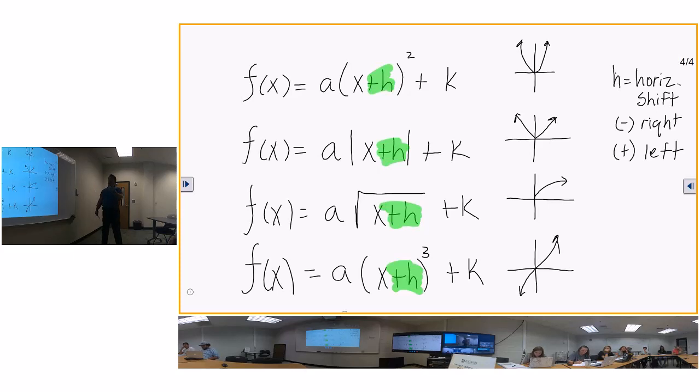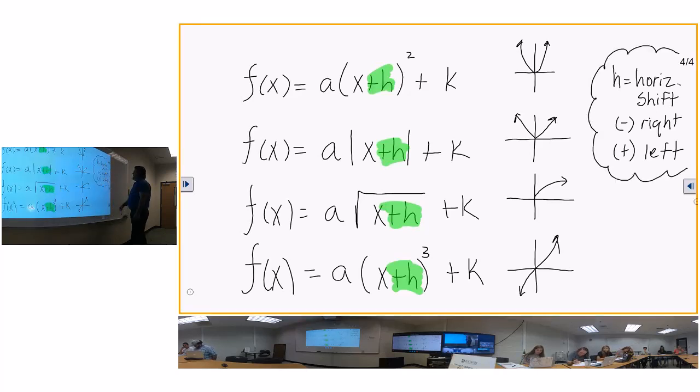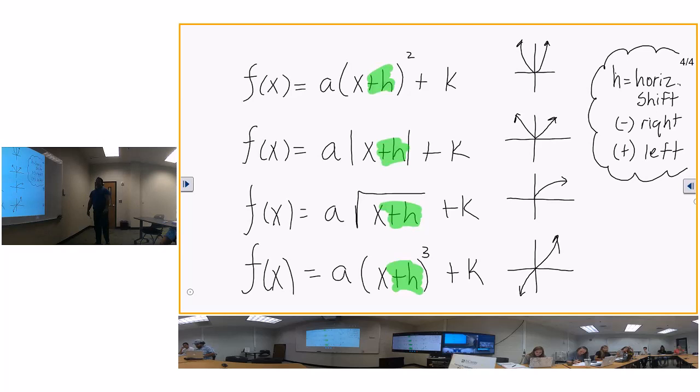But if I wrote x minus h, then if it was to be a minus h, that would be a plus h. Therefore, minus h would be to the left. You see why I don't explain it to you? It's very redundant and confusing. So just remember, it's always the opposite. Write that down. For h, the negative means right, the positive means left.